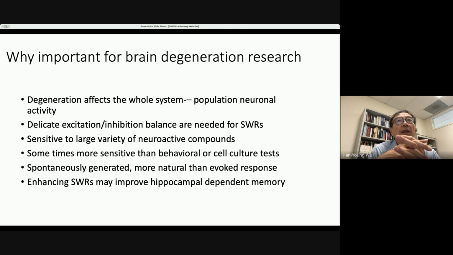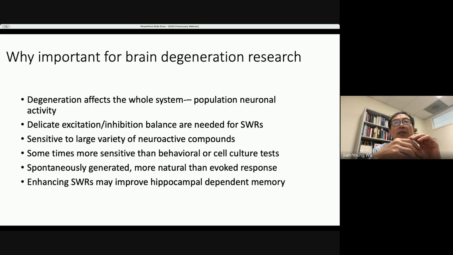Given those multiple mechanisms, ex vivo sharp wave ripples are sensitive to a large variety of neuroactive compounds. And those clinical drugs are not purely affecting only one receptor or one mechanism. Usually they have multiple effects, some major effects, let's say for serotonin, and minor effects for dopamine, for epinephrine, right?